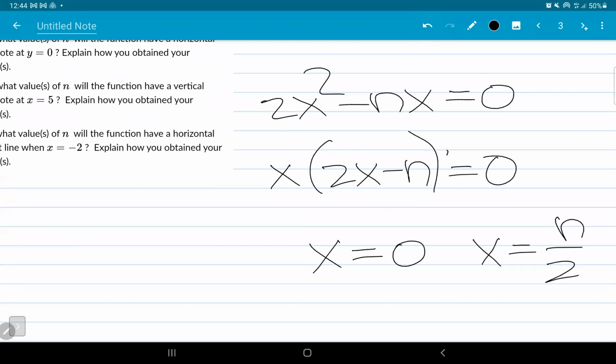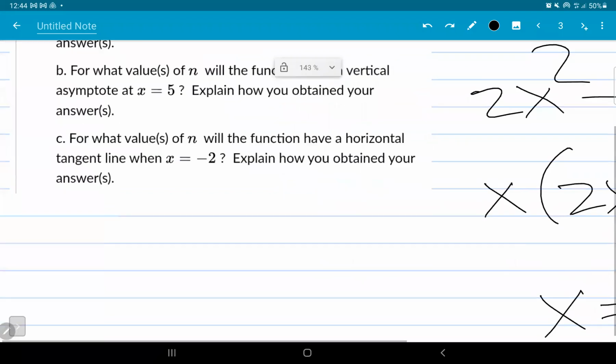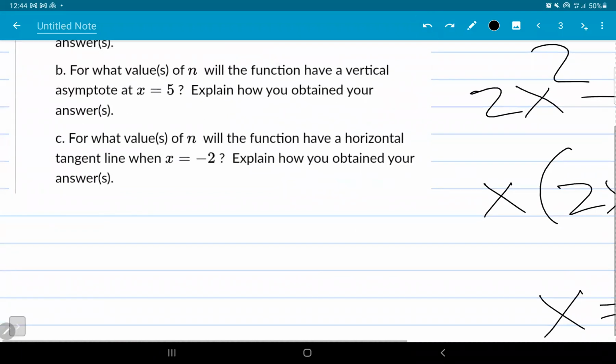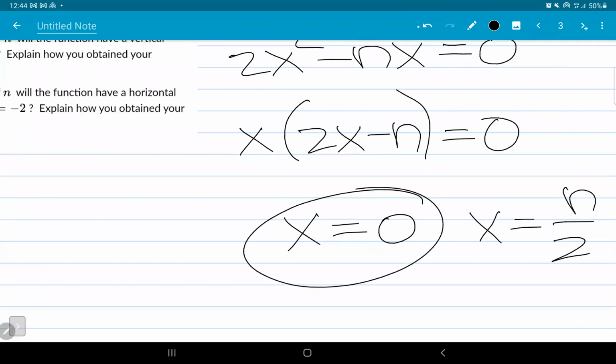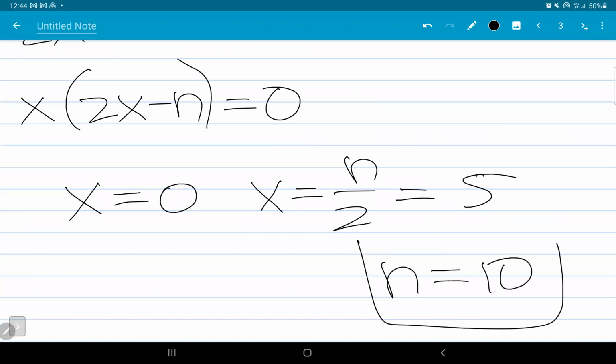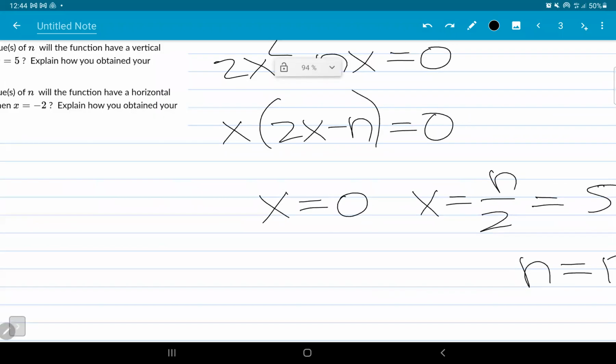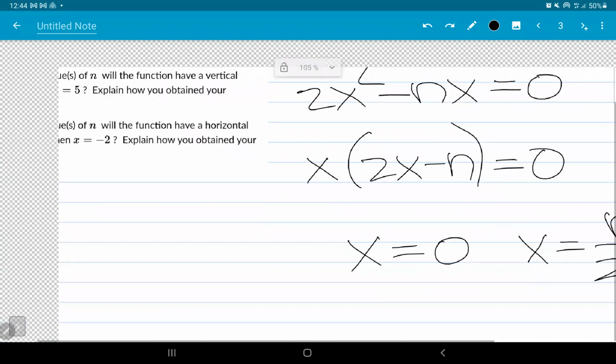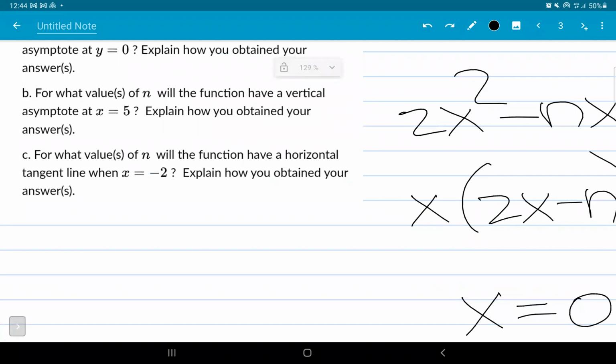If you equate this to 0, makukuha mo yung n over 2, di ba? And you want a vertical asymptote at x equals 5. Eh, lagi namang 0 to. So to achieve such a situation, you have to make this equal to 5. So n is that. Halos testo ng mga concepts, basic concepts.